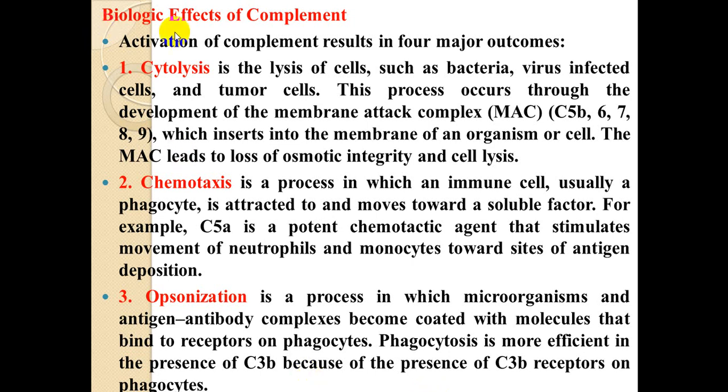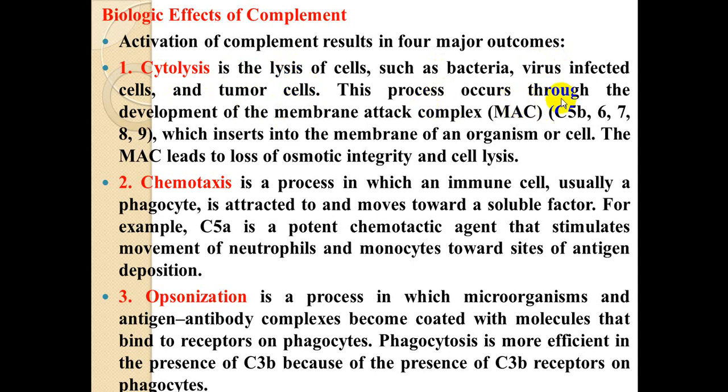Now we are going to talk about the biological effects of the complement system, or the main functions of this system. Firstly, cytolysis, which means lysis of cells, including bacteria, virus-infected cells, and tumor cells. Any abnormal cell can be lysed by the complement system.